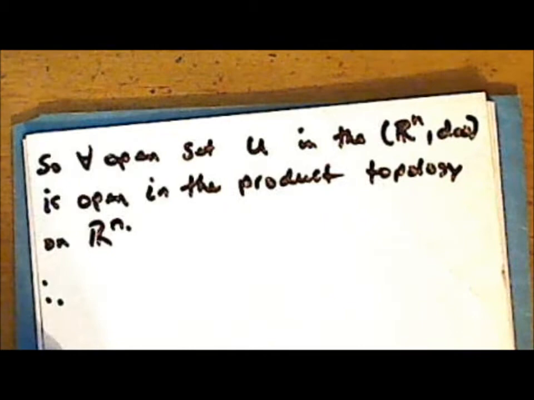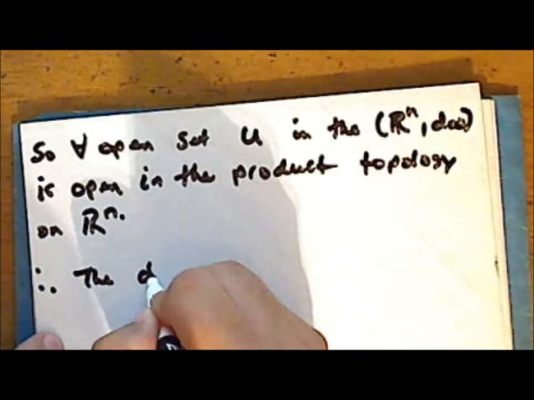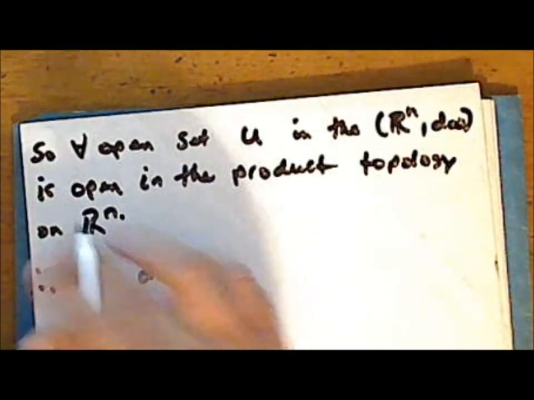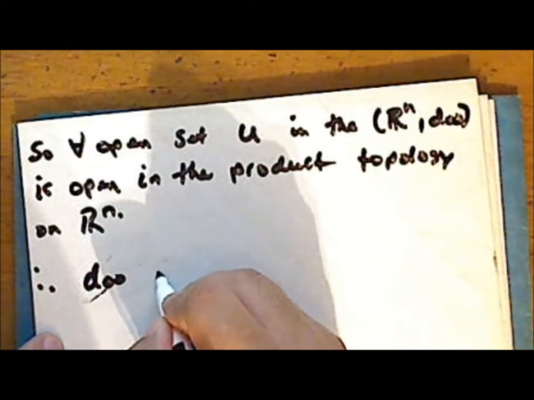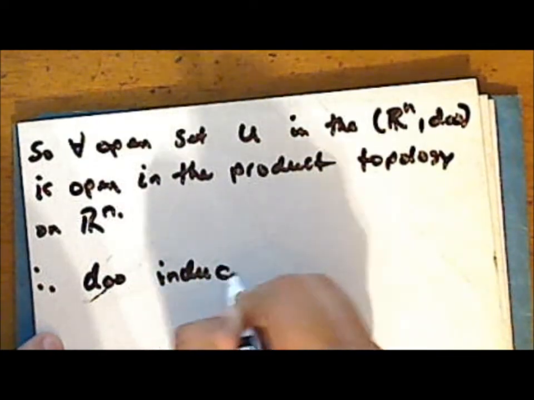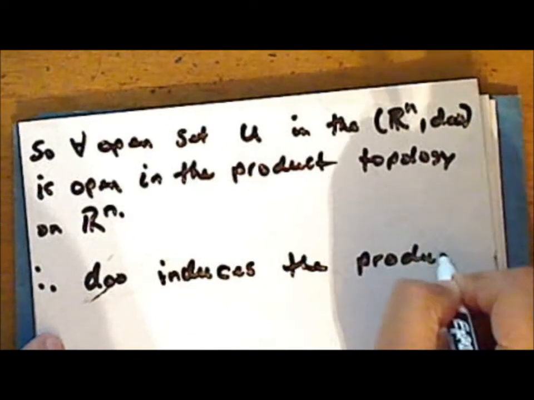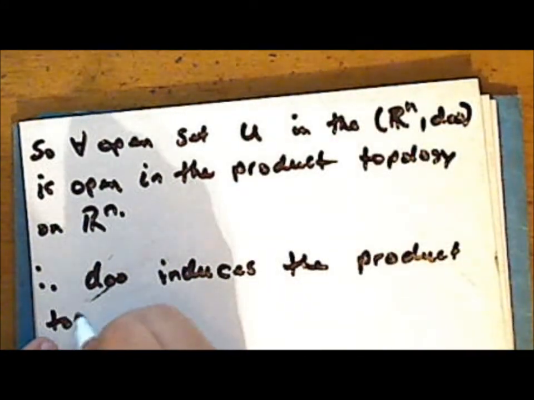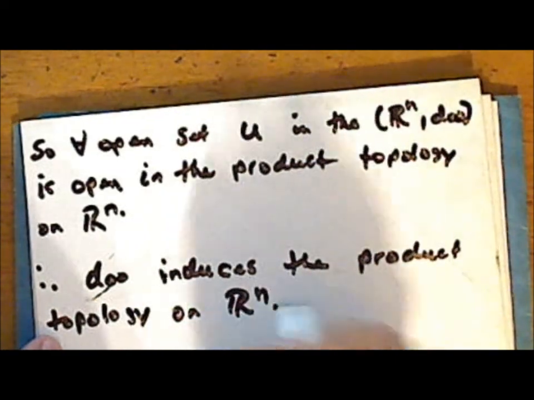And so the two topologies are the same. That is, the square metric induces the product topology on finite dimensional real space.